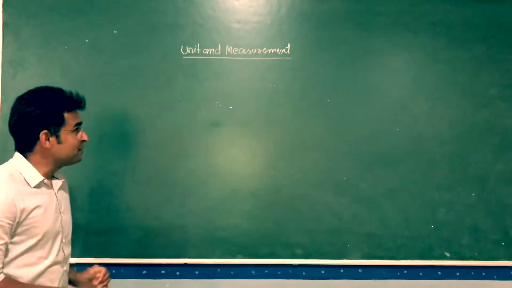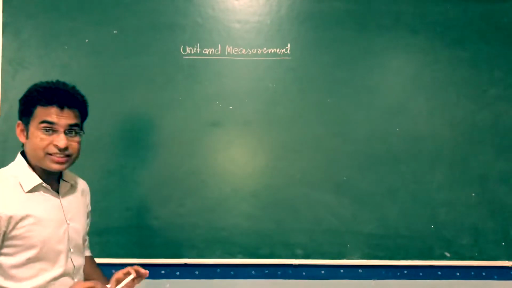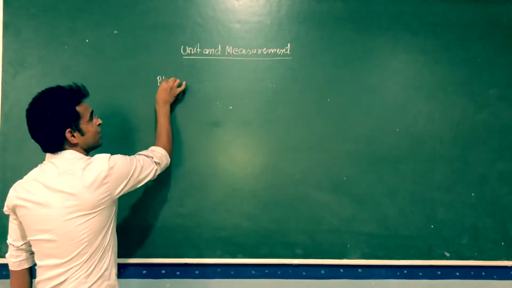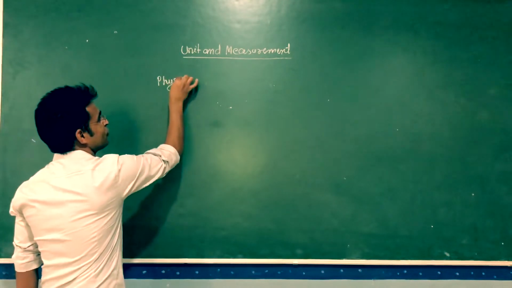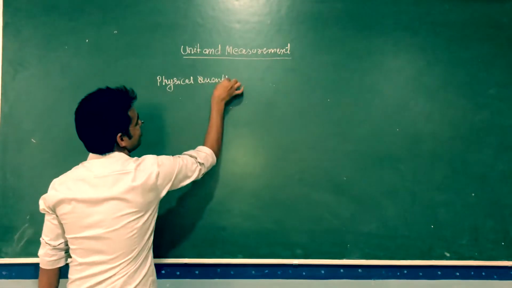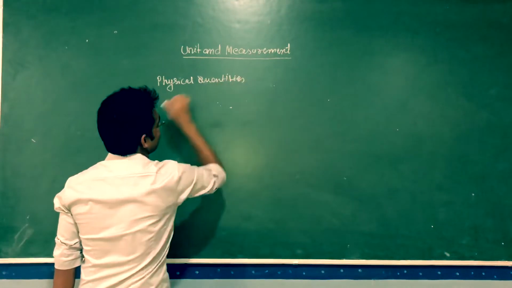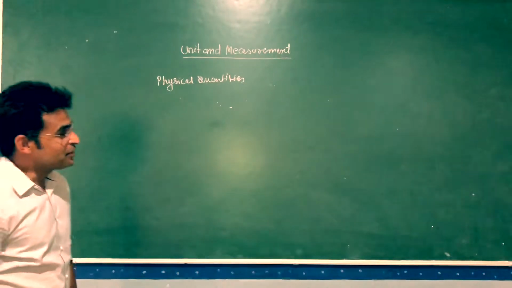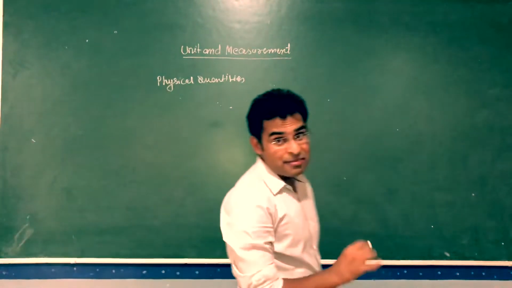In Units and Measurement, the first thing is physical quantity. Physical quantity means any quantity which you can measure.